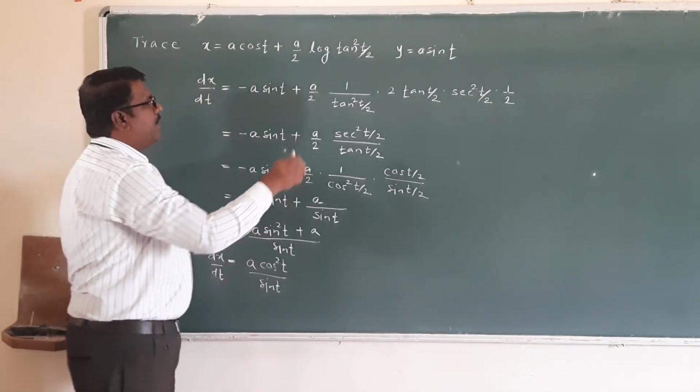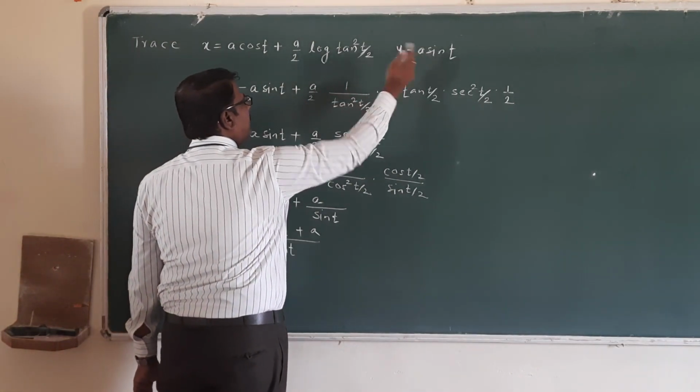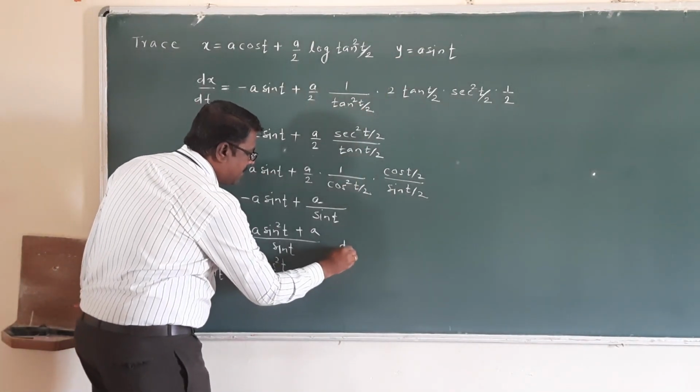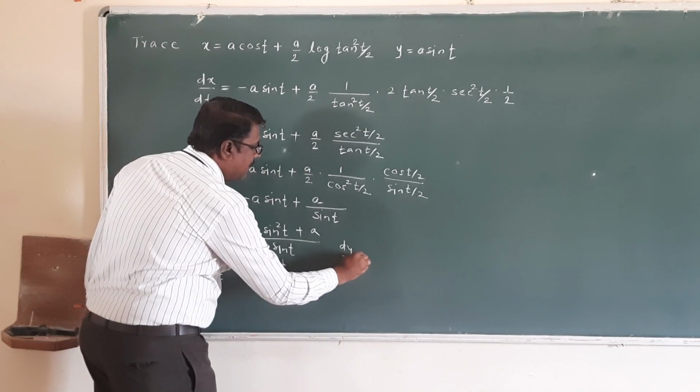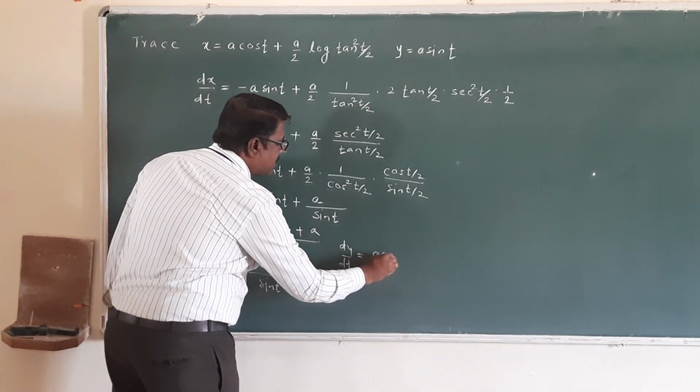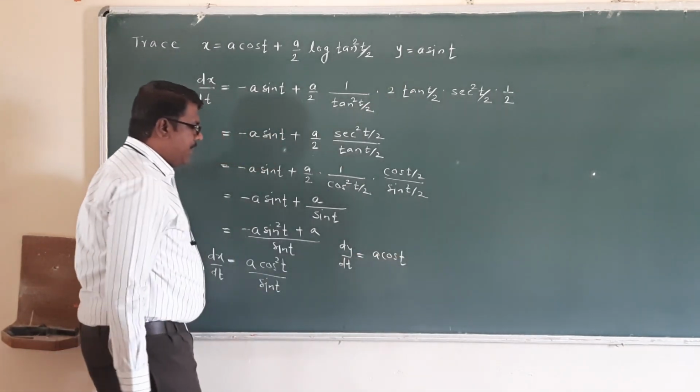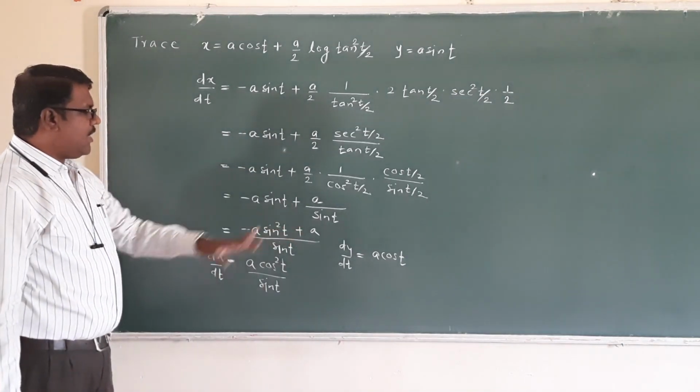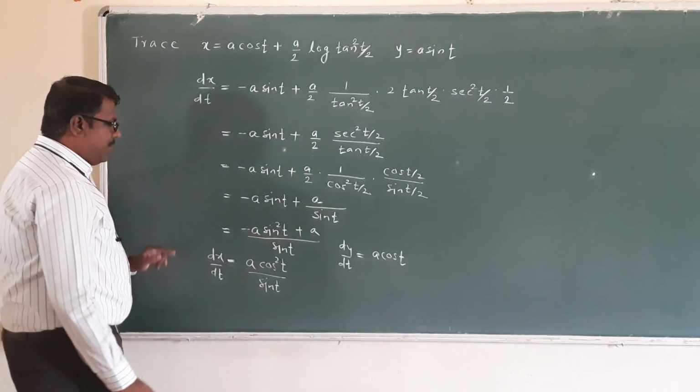Now what is dy by dt? Differentiate this y with respect to t. I will get dy by dt is equal to a cos t. Okay. And if dy by dt is a cos t, so what is dy by dx?